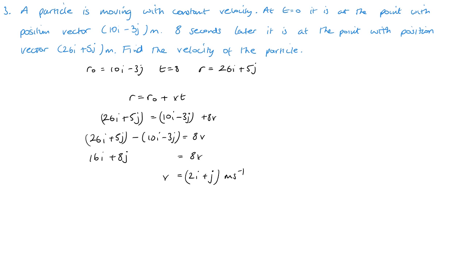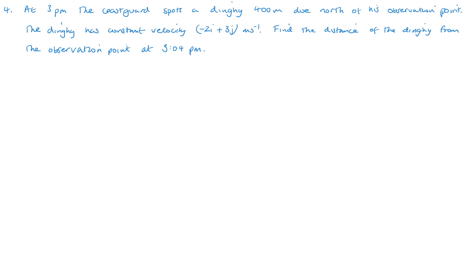Let's have a look at the final question. Okay, I'll probably do a little sketch for this one. So if we think of the observation point, call this O, spots a dinghy, 400 meters due north, and then it has a velocity of -2, 3.